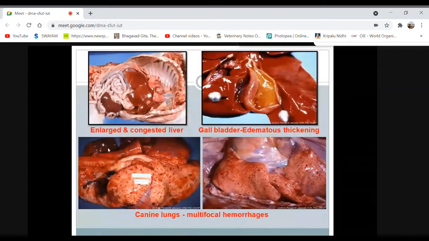These are some more pictures showing the very much enlarged and congested liver, then the gallbladder showing edematous thickening of the wall and enlargement, and multifocal hemorrhagic lesions in the lungs like this.